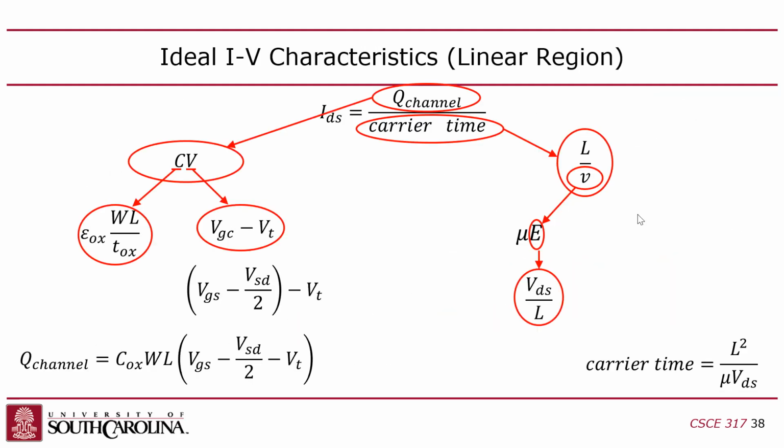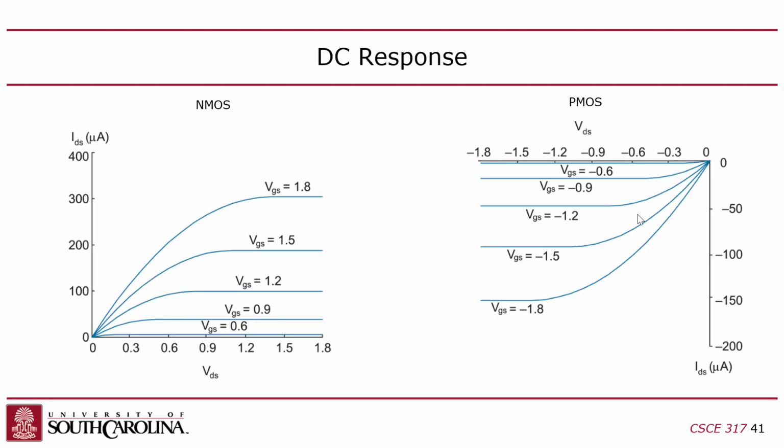So for example, the gate-source is like negative 1.8. That's like hitting it with the highest magnitude gate-source voltage. And then the drain-source, likewise: source is at VDD, drain is here, so if you measure the drain relative to the source, it's going to be negative.